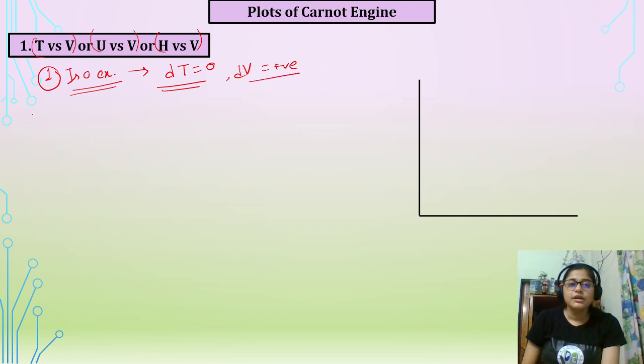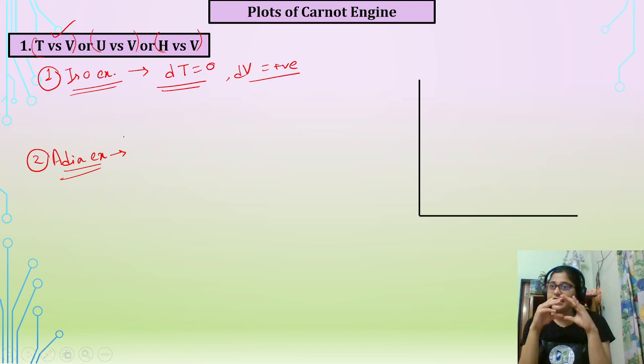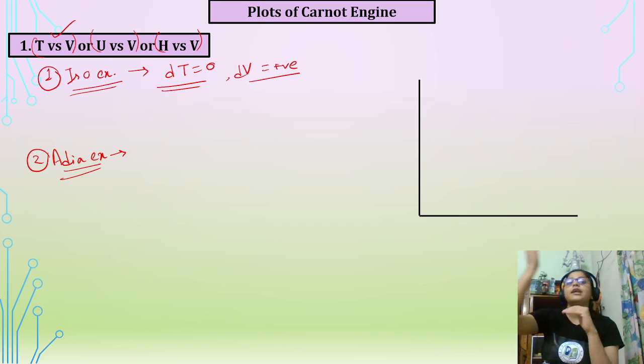Okay, let's say for the second case, we again do the same for U and H. I'll show you just now. Right now I am doing that only. Adiabatic expansion, right? So when adiabatic is there, what was for the second case? Cooling takes place, right? Because adiabatic expansion was going on, and for expansion work is done by the system, and it takes its internal energy to do that, and it will now be cooled down.